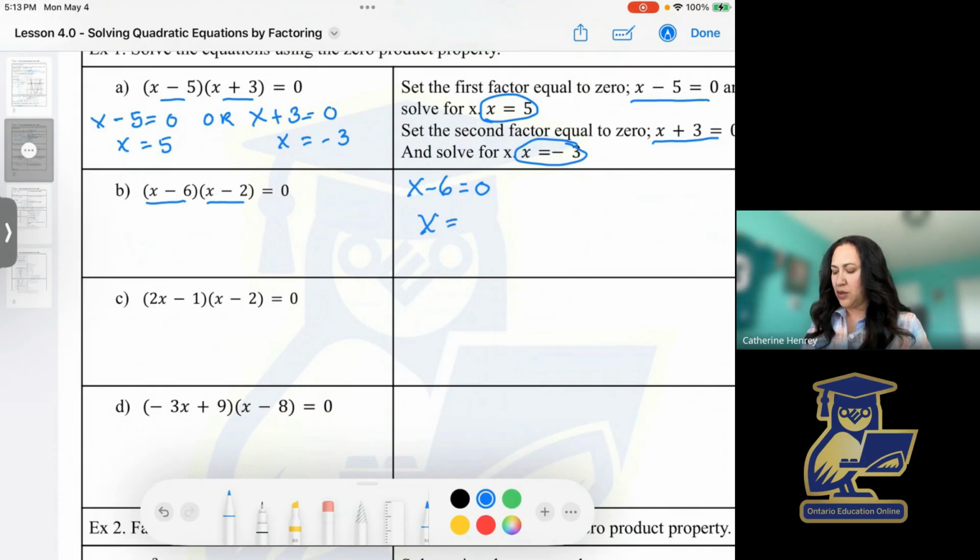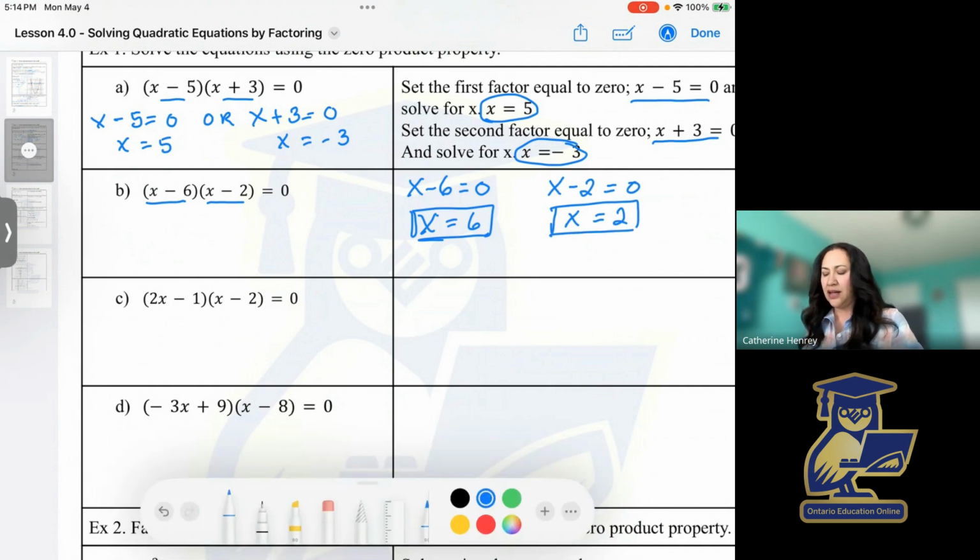X here is going to be positive 6. And we'll take the second factor, which is x minus 2, and set that equal to 0. And the x value here, when we simplify, is 2. So the solutions to this quadratic are 6 and 2. And again, that is where the quadratic, the parabola, is going to cross the x-axis.